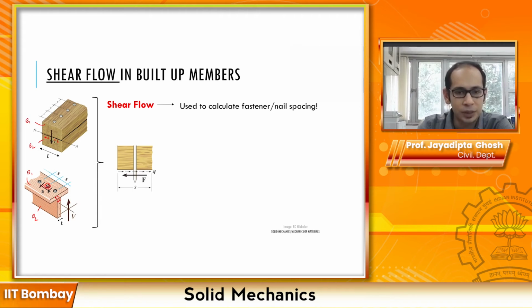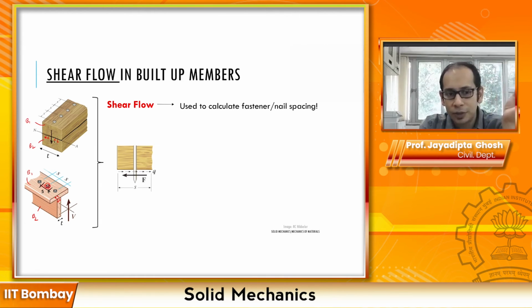So each bolt is resisting the shear going over there, which is shown over here. You have one bolt here, another bolt here, and this is the center to center between the bolts. Each bolt is resisting that amount of shear.